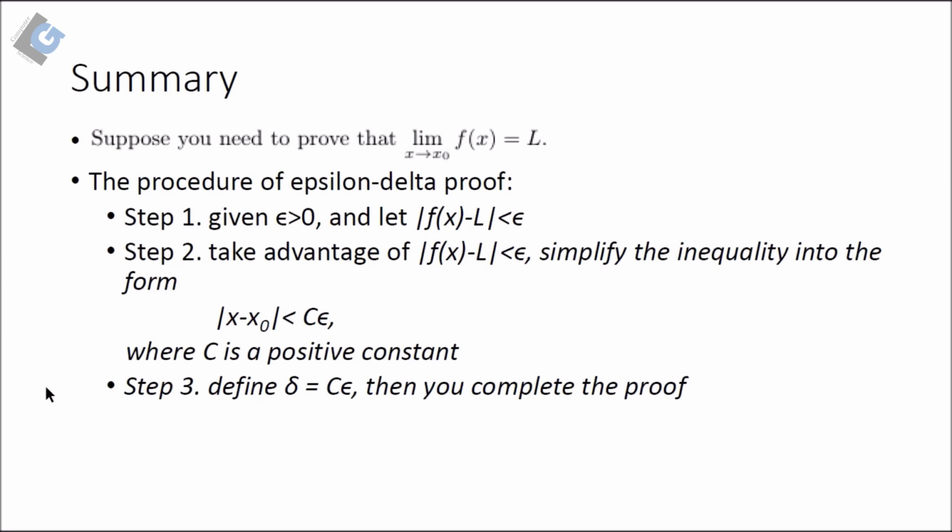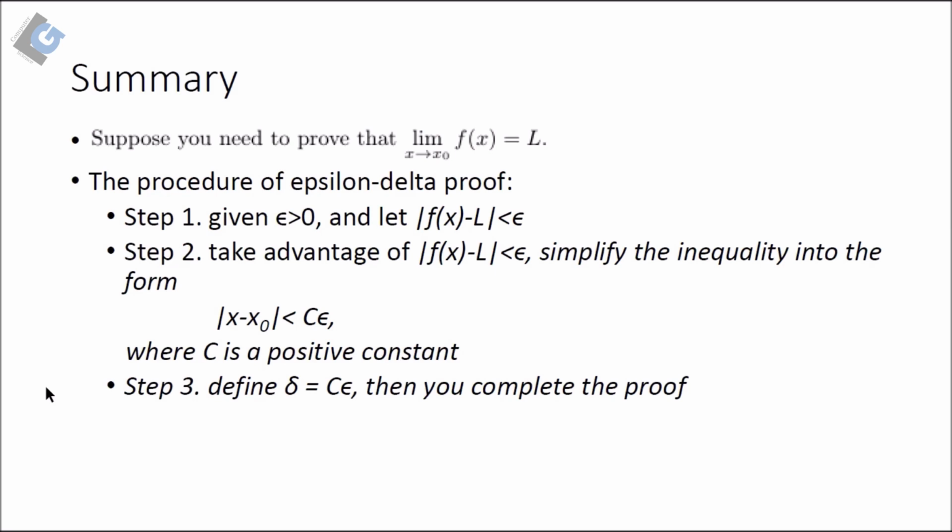So suppose you need to prove that the limit of the function f(x) is L when x approaches x sub 0. First step, you suppose a positive epsilon and let the absolute value of f(x) minus L be less than epsilon.